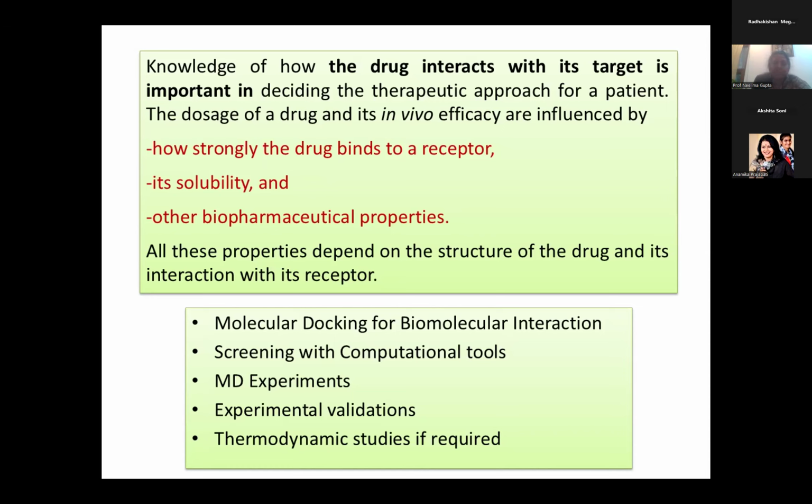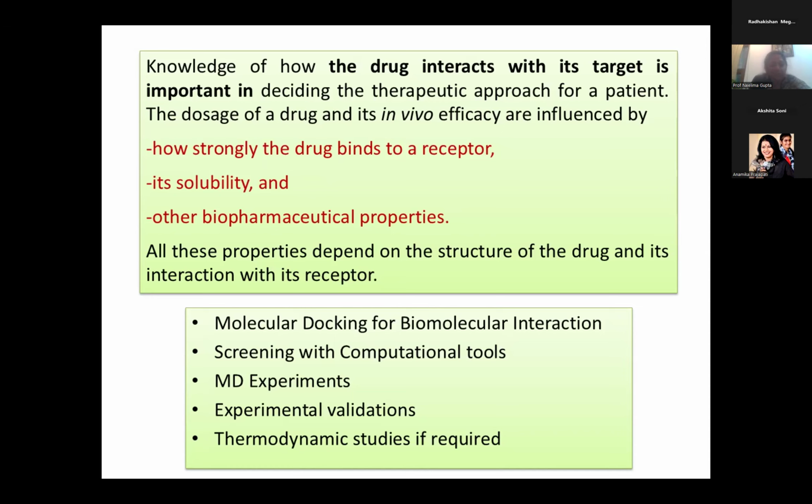Then the screening with computational tools follows. First of all, whatever process is followed will involve molecular docking experiments to identify the biomolecular interactions. You can identify these after the docking of a drug candidate with a target protein, and then the screening with other computational tools, then molecular dynamics experiments, and then experimental validation is also required.